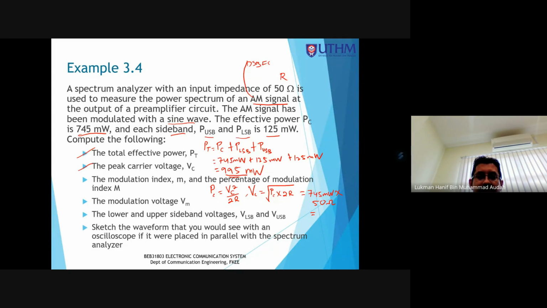Sorry, this is supposed to be the square root. 745 milli times 50, and then square root of the answer. So you're going to get 6.103 volt.